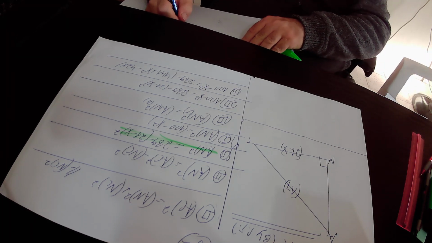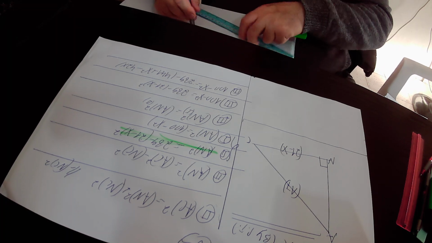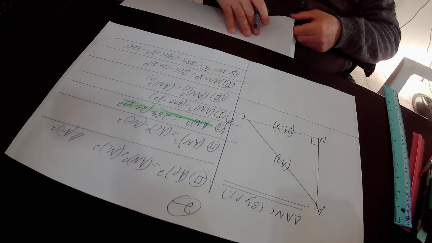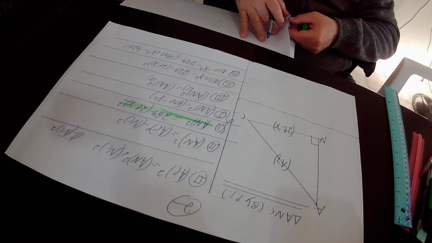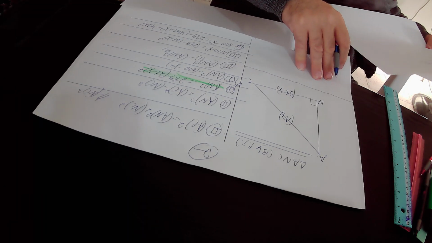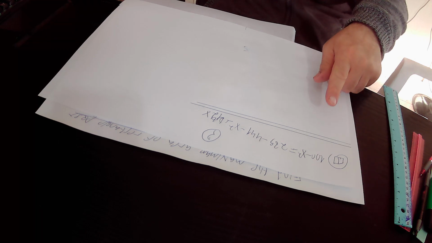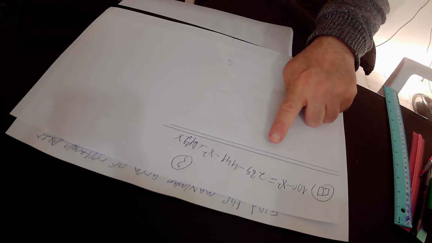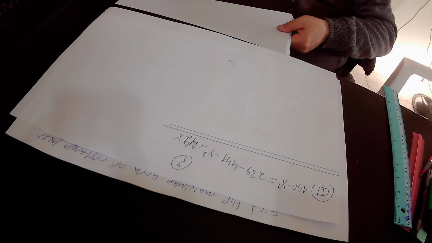In conclusion, 100 minus x square equals 289 minus 441 minus x square plus 42x.